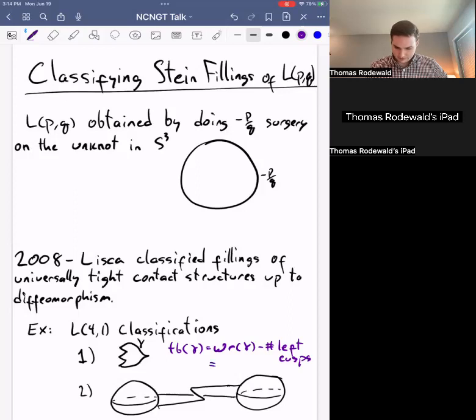In this case, that's 0 minus 3, so you get -3. And of course, L(4,1) is obtained by doing -4 surgery on the unknot in S^3. So you're attaching a 2-handle along that unknot with framing -4, which is the contact framing of this knot, -3, minus 1. So that checks out.